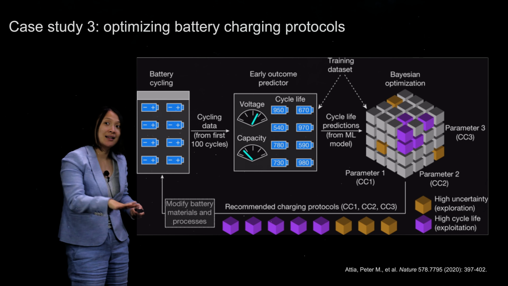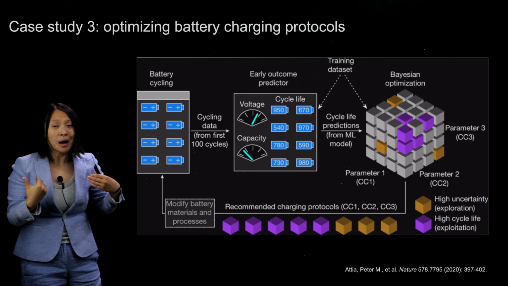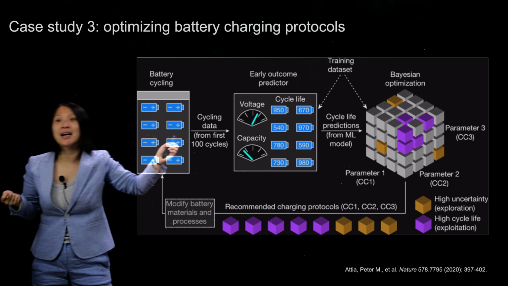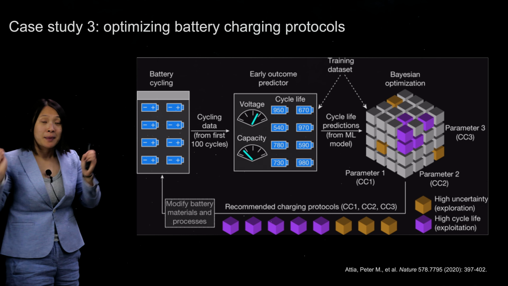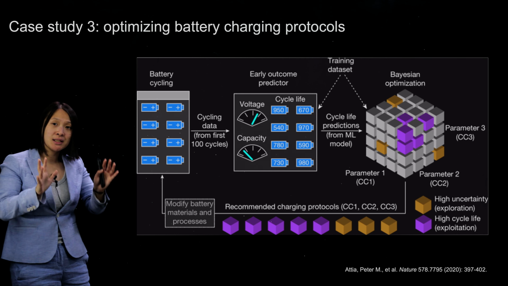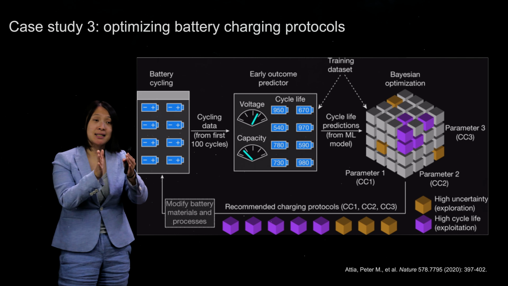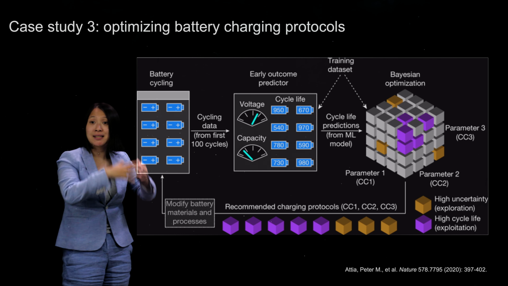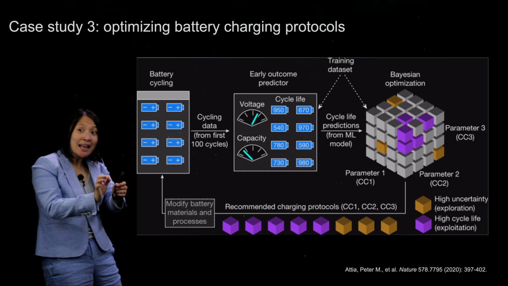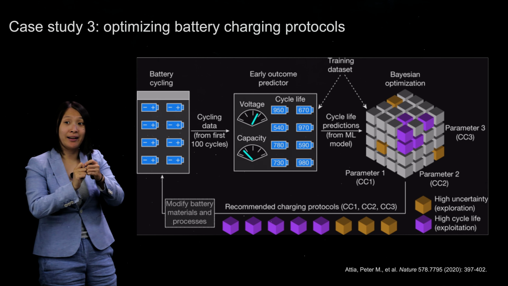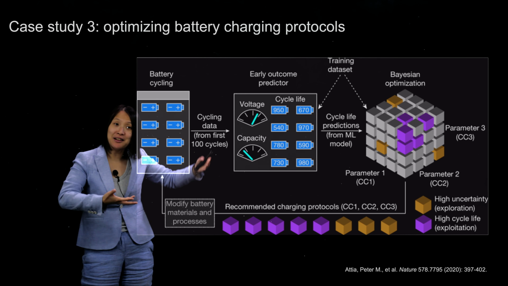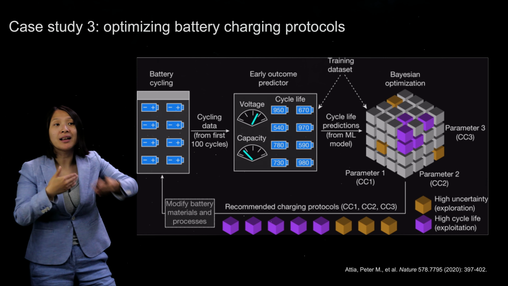So this is a study from a publication with the reference shown at the bottom of the slides. It's a study from Stanford, MIT, and Toyota Research Institute. And what the researchers did was that they first had batteries cycled over years, and then instead of having the battery already degraded at the end of its lifetime, they built an early predictor.